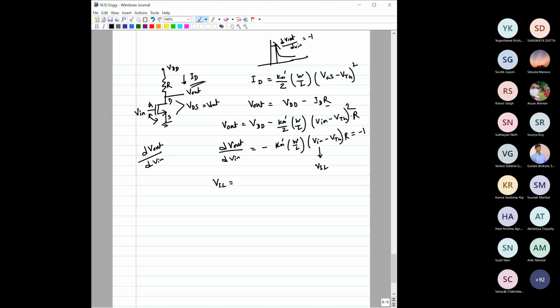Then please tell me what will be the expression of this VIL? L by W, 1 by R Kn dash, plus VTH. Are you saying this got reversed? L by W, yes. Into 1 by R Kn dash, plus VTH.